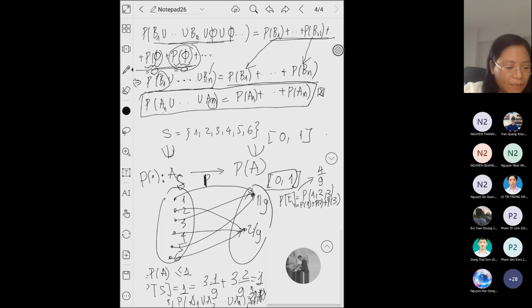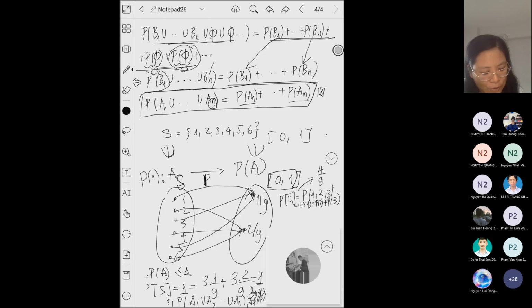We have just proved that for finite mutually exclusive events, the probability of the union of n events equals the sum of the probabilities of each event: the probability of A1 plus ... plus the probability of An.